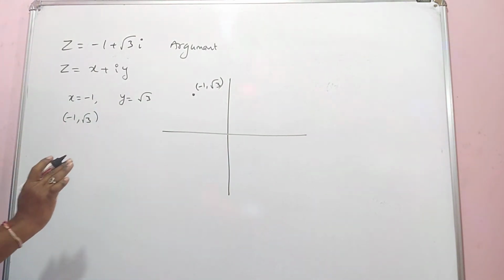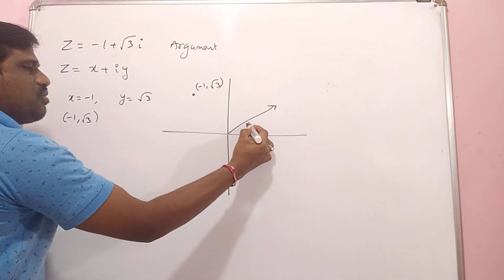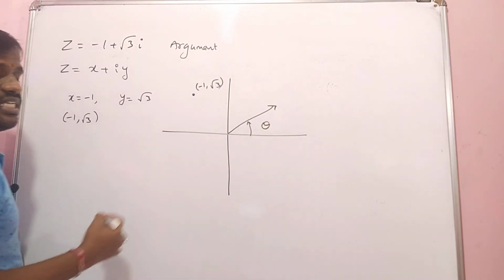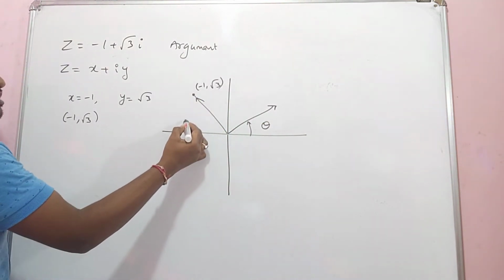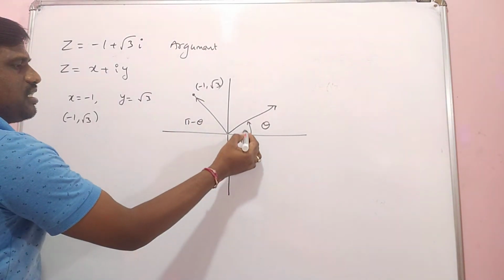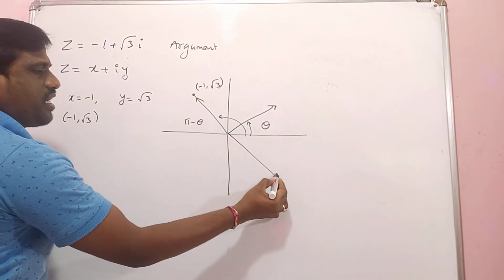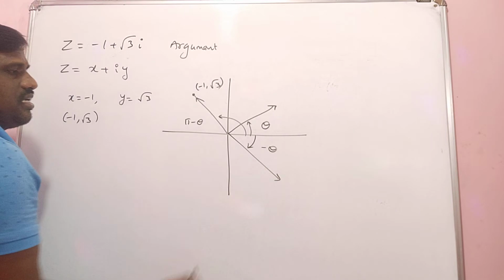You have to remember that if the argument is in the first quadrant, the answer is theta. If the argument is in the second quadrant, then the answer is pi minus theta. If it is in the fourth quadrant, then the answer is minus theta.